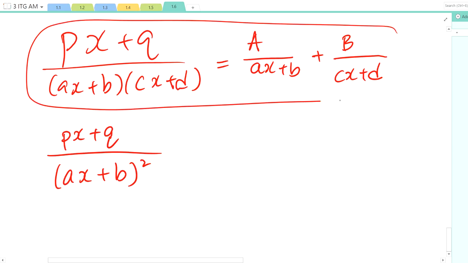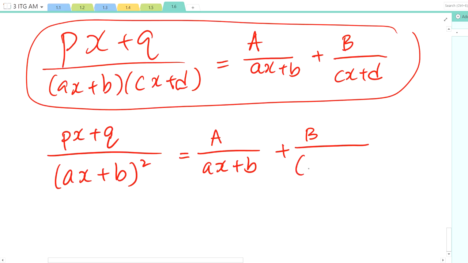This part you've memorized already. The next thing to memorize will therefore be this. This is equal to A over ax plus b plus B over ax plus b squared. The explanation is given on page 35. Go and read it yourself and understand it.